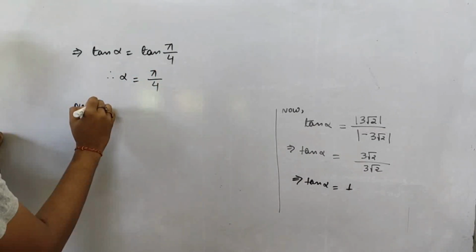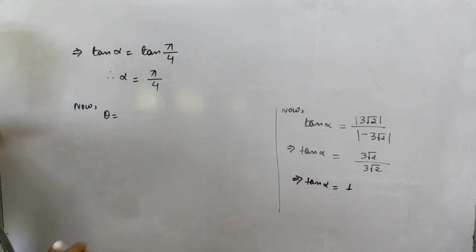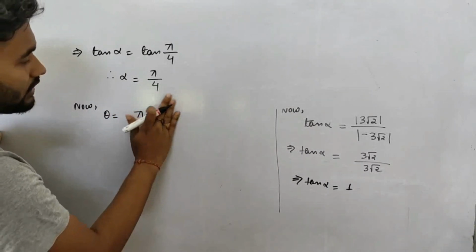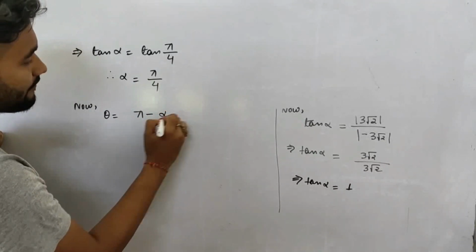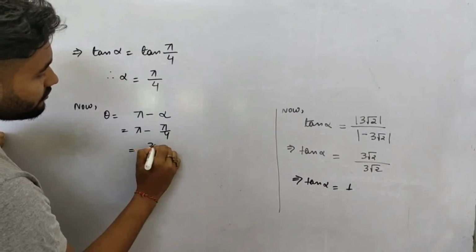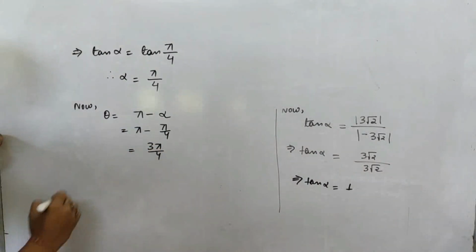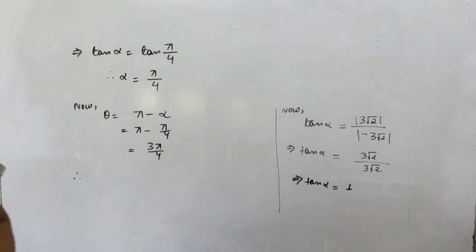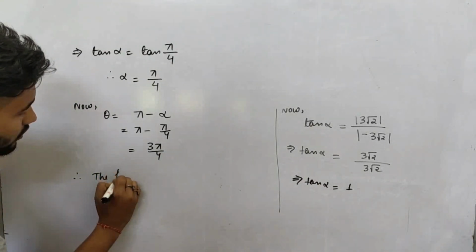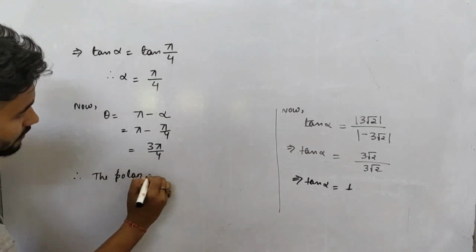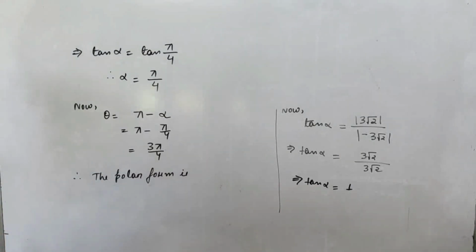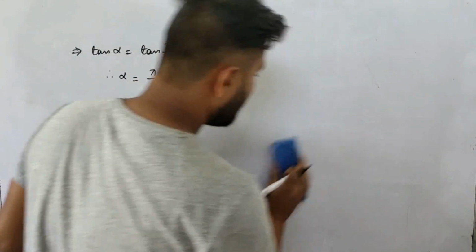So now what will be my theta? Theta will be pi minus alpha, which is equal to pi minus pi by 4, nothing but 3 pi by 4. Therefore, what we said, write the polar form of Z. Therefore the polar form is, what was R?